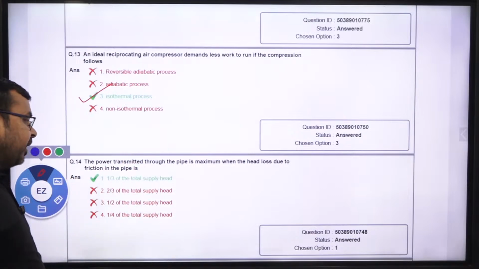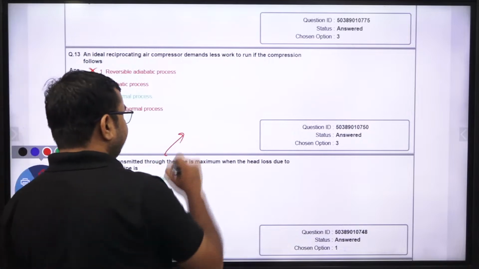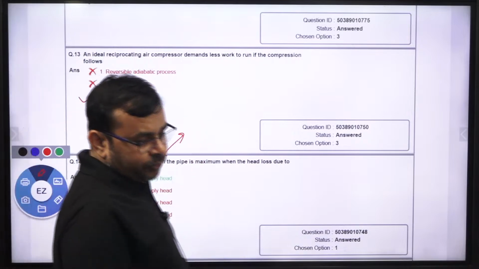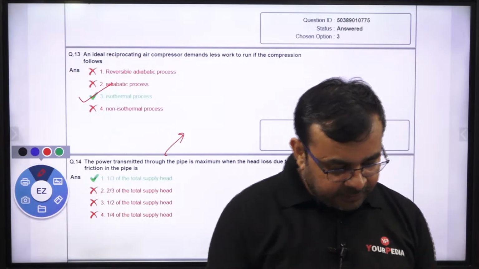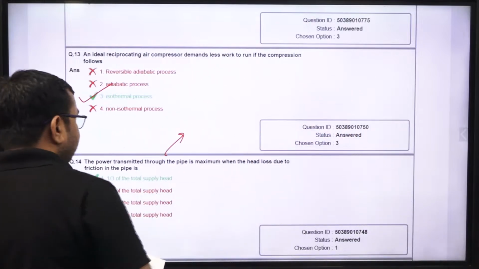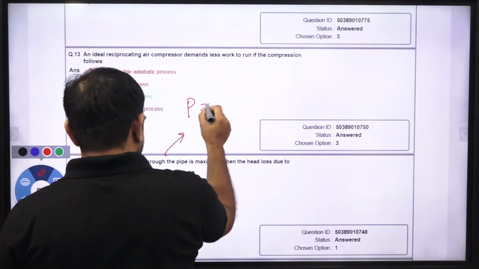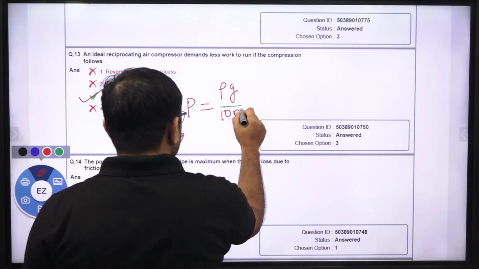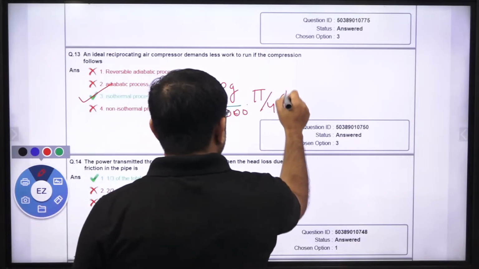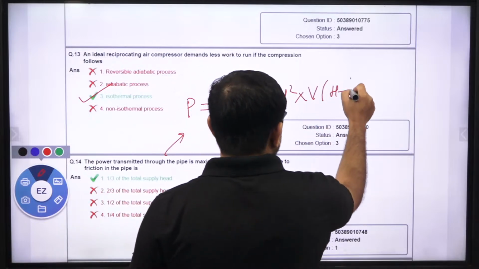The power transmitted through the pipe is maximum when the head loss due to friction in the pipe is. As you know, power can be written as rho g by 1000 into area, that is pi by 4 d square, into velocity into (H minus HF).